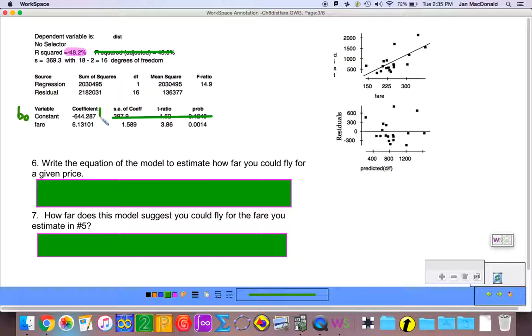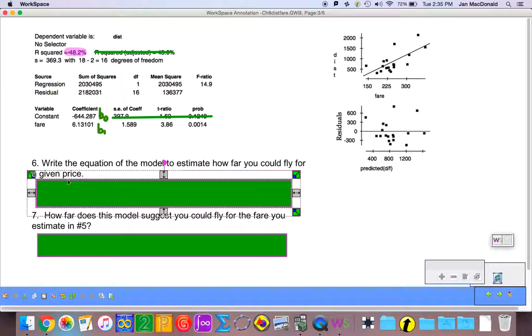So here's our b0. Maybe I should put it over here. And here's our b1. Okay, so now it becomes very simple to write our equation, right? We just have to look at this chart, and here's our slope, and here's our y-intercept. Wow, that's pretty easy. Oh yeah, we like it when it's easy, right?